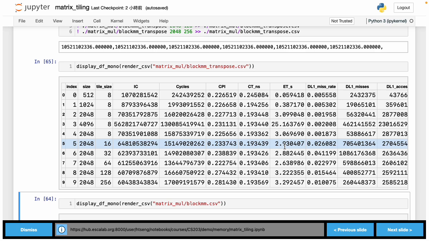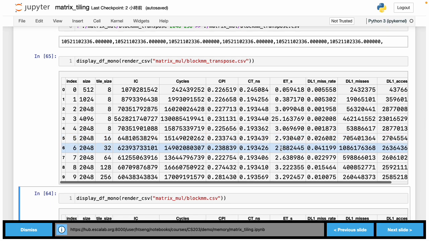Right? And with various tile sizes, we found it works really well at 64 by 64, with a runtime of 2.6. Although it doesn't give you the lowest miss rate, it's low enough for the instruction count to be the majority of the performance issue.